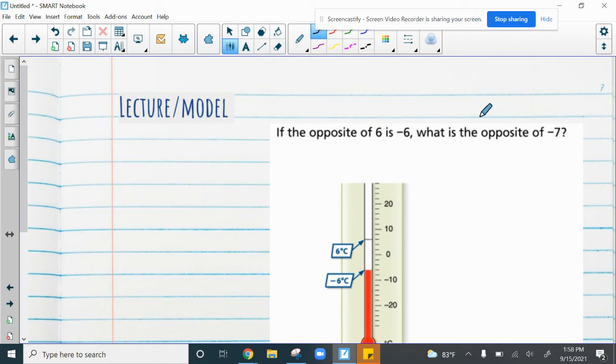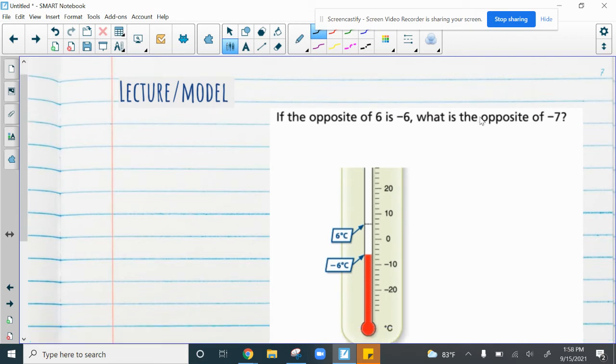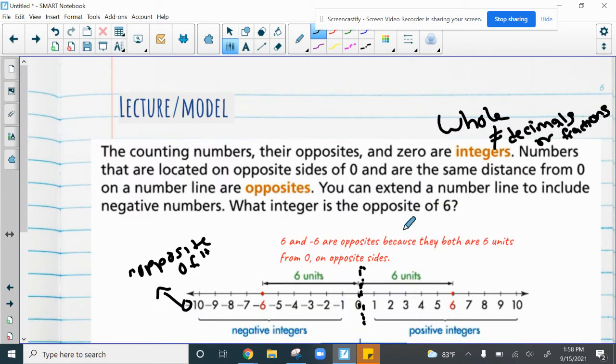So we already talked about opposites and how they are the same distance away on the number line, just on opposite sides. We already talked about how the opposite of 6 would be -6 because they are on opposite sides of the number line, but they're both 6 counts away from 0.